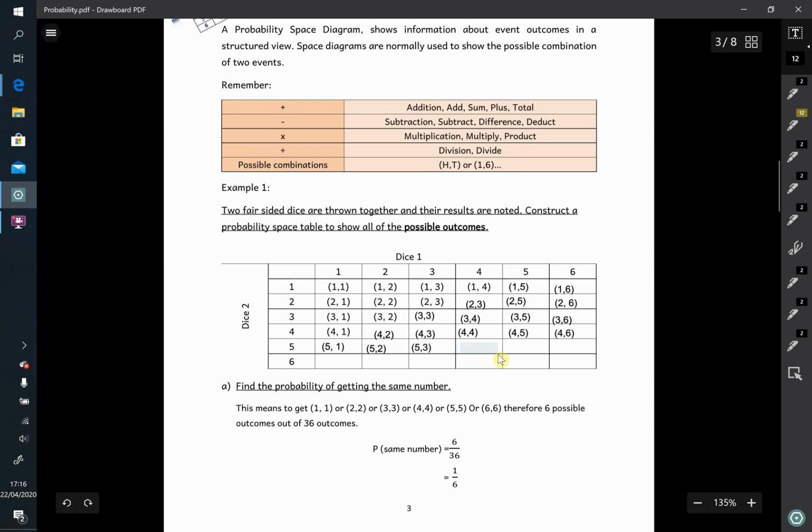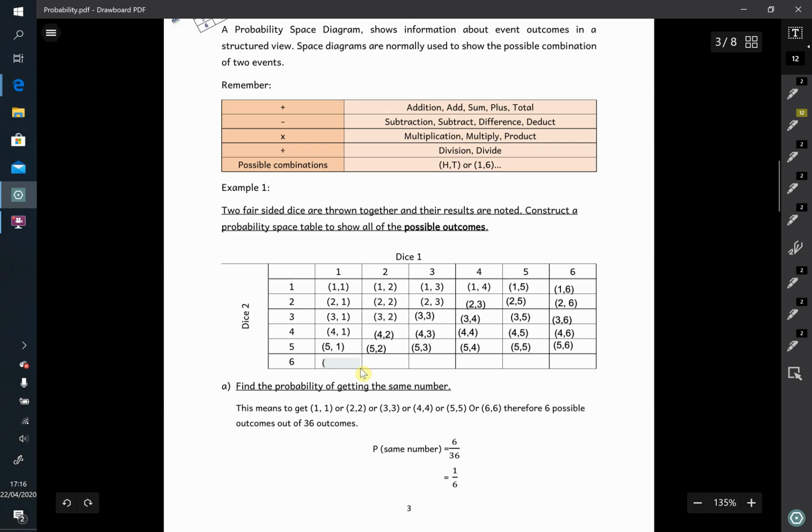Now the thing is, you had to write it with these brackets because it didn't tell you that the values were added together or multiplied together. It just told you the results were shown, and as results, what it means is that their numbers were displayed and written in a table, as simple as that.